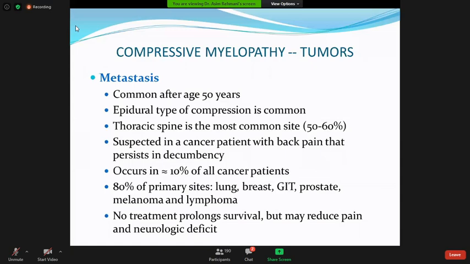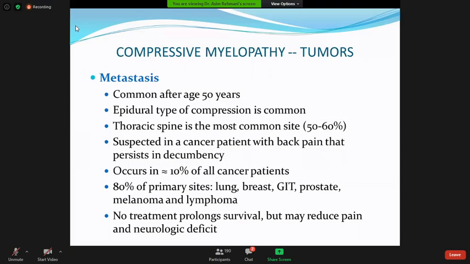So the treatment depends on the overall condition of the patient, as well as the stage of the primary disease, the involvement of the neurological component, as well as the pain associated with malignant disease.